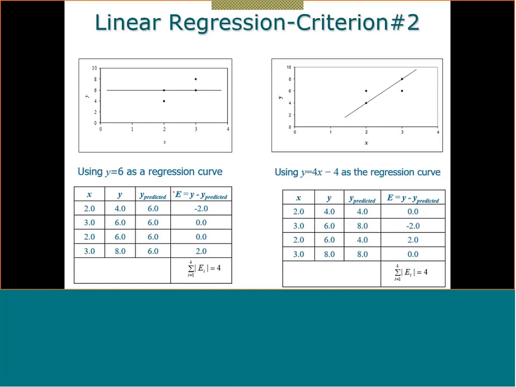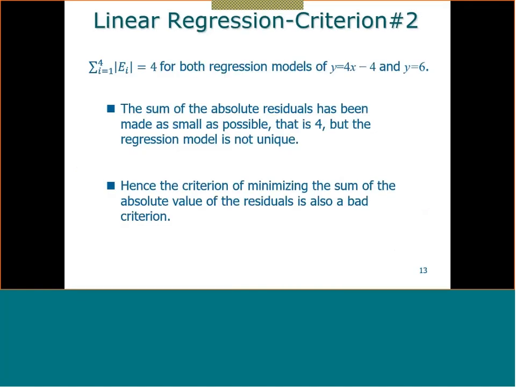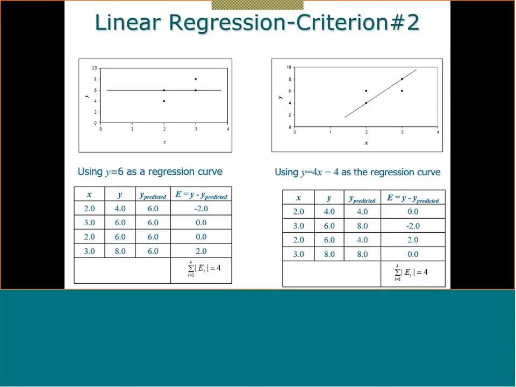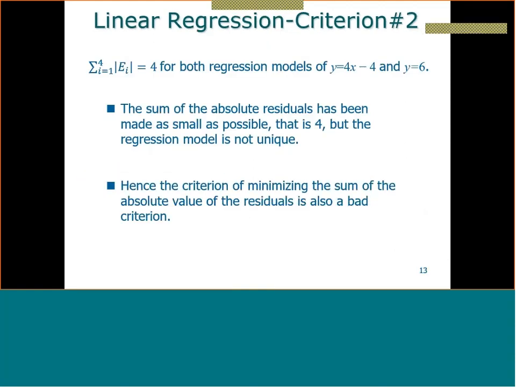So I have 2 curves, both giving me the same error. That's not a unique solution, and there is no way I can find the best curve this way. So that's not really the best criterion.